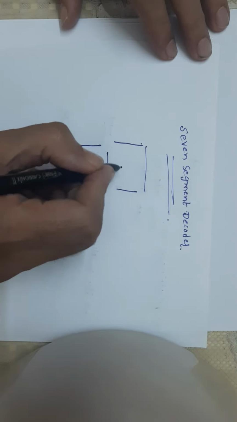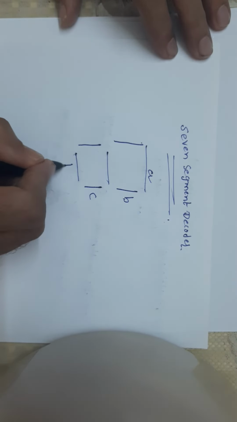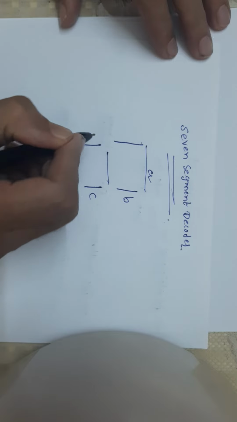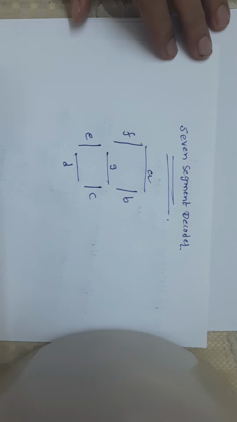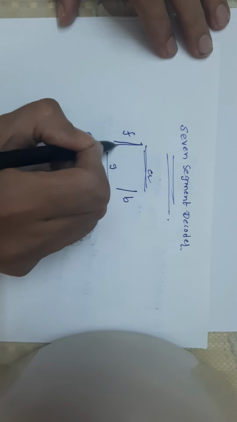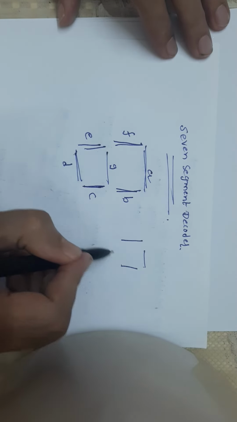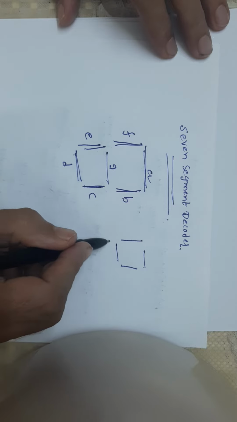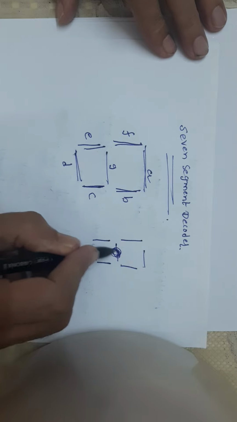If we consider this is A, this is B, this is C, D, E, F and G, these are LED indicators. Whenever we want to see 0, only these segments are in working condition, and all the other lights are off.